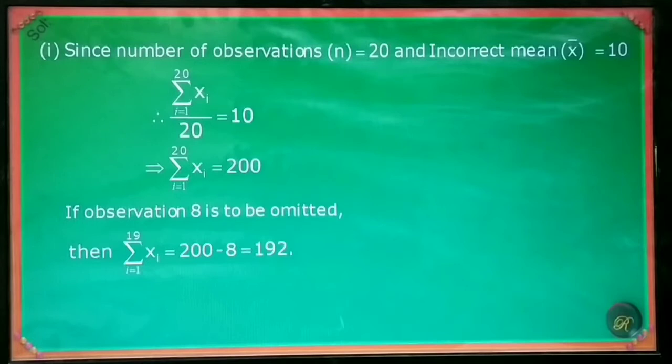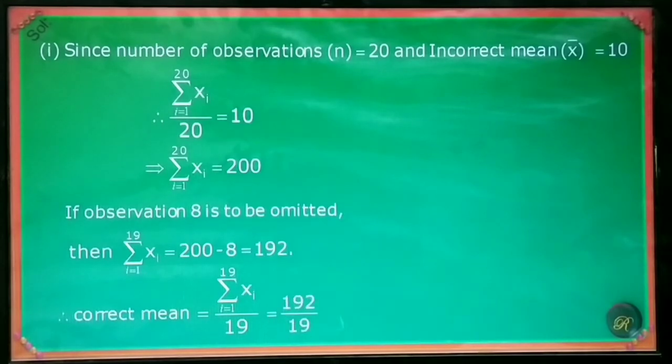So we have to find the mean of 19 observations. That is the correct mean. Therefore, correct mean is equal to sigma xi, i is equal to 1 to 19, divided by 19 is equal to 192 divided by 19.